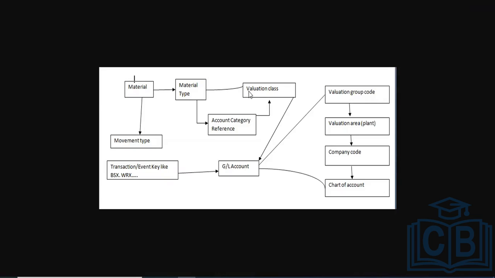If there are multiple, then you need to select one, whichever valuation class is required. This is how it happens. Now we will see it in the system, one by one.